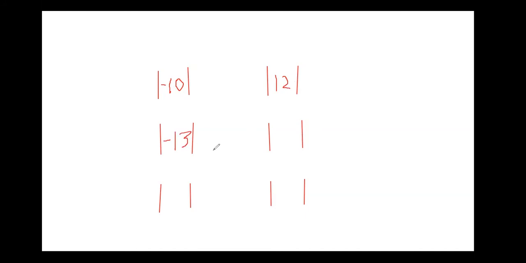Do these on a piece of paper as I'm doing them, okay? This will be 17. Now this is going to be a little tricky. This is going to be negative 14. And this last one's going to be negative 20. Messing with your heads, but you guys are smart.